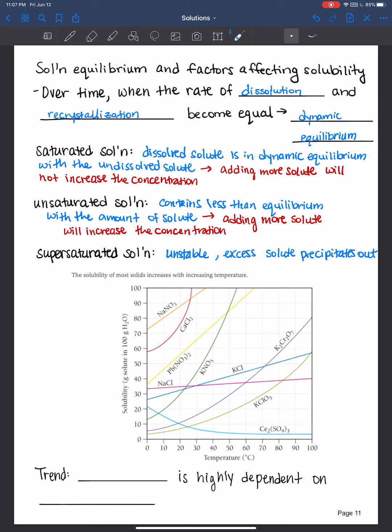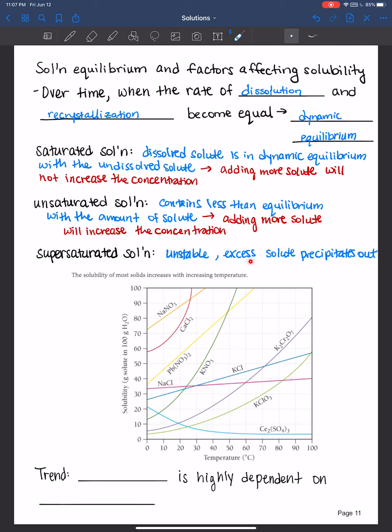I come from Texas, and in Texas, we love our sweet tea. And I always would notice that in Texas, it's super sweet, and I joke that it's almost like a supersaturated solution where you'd almost see sugar crystals crashing out of the bottom.